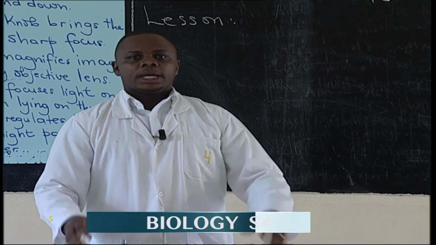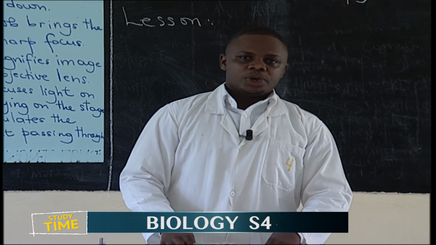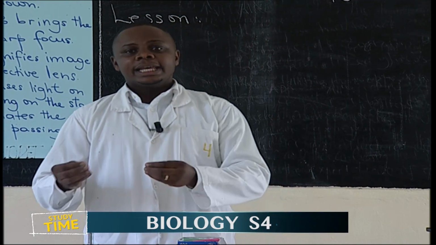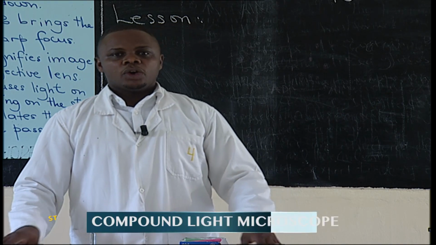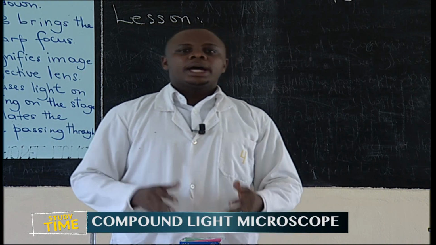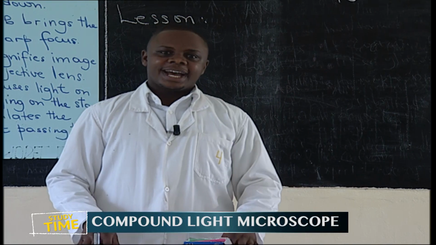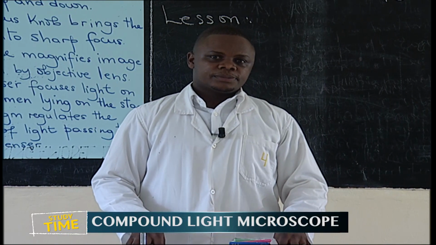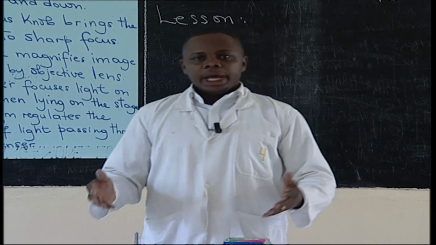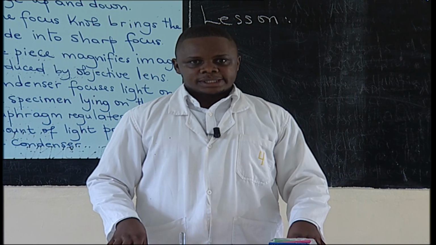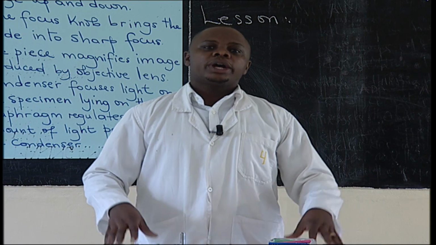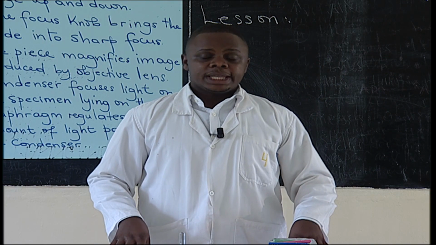Students, as you know, in biology, we study living organisms. And these living organisms, some are plants, others are animals. We are able to see some of the organisms with our eyes, but some other organisms, we are not able to see them.